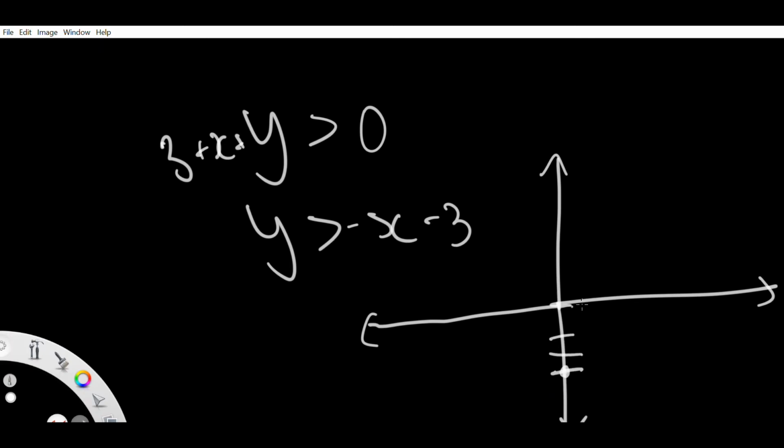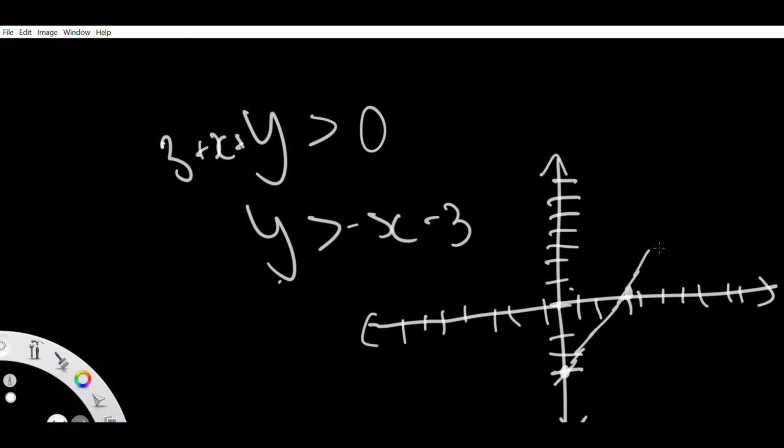And for our x-intercept, if we substitute y with 0, we'd have negative x is less than 3. But remember that whenever you divide by a negative sign in an inequality, the inequality symbol flips. So you would get x is greater than negative 3, which would basically mean x is negative 3. So this would be your graph.